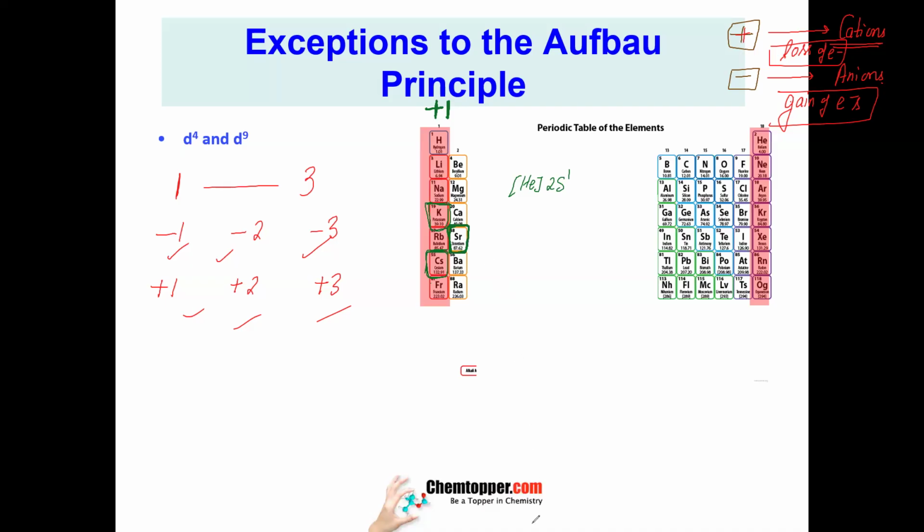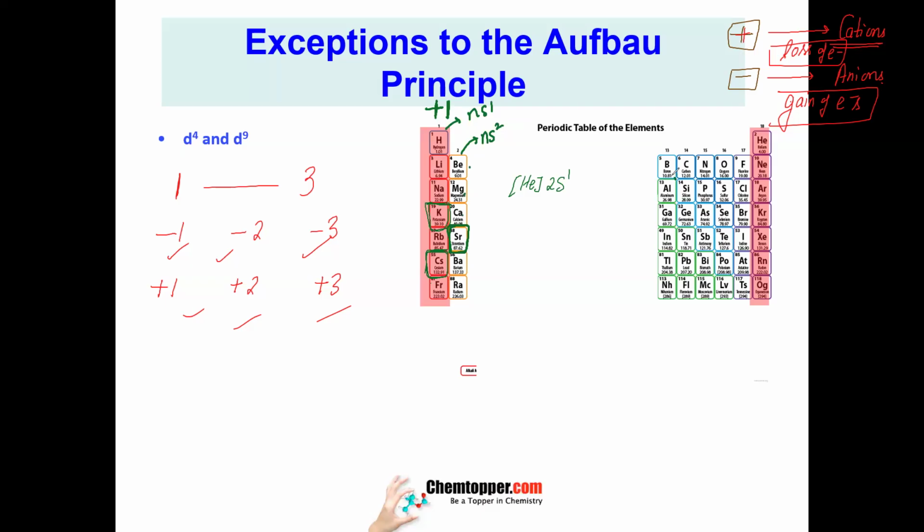And how many? Remember, this is ns1 and this is ns2. What would strontium like to do? Very good. It's going to lose 2 electrons. Good, Gorika. Very good. So all of them would like to lose 2 electrons.